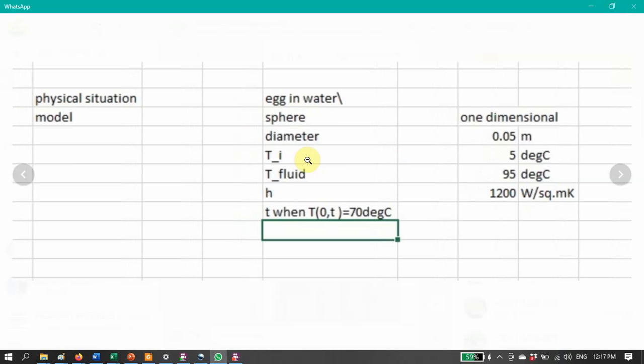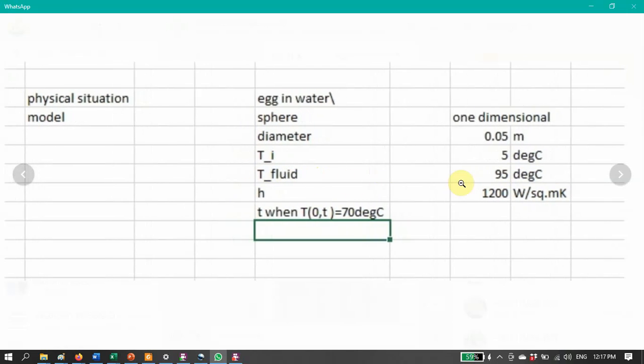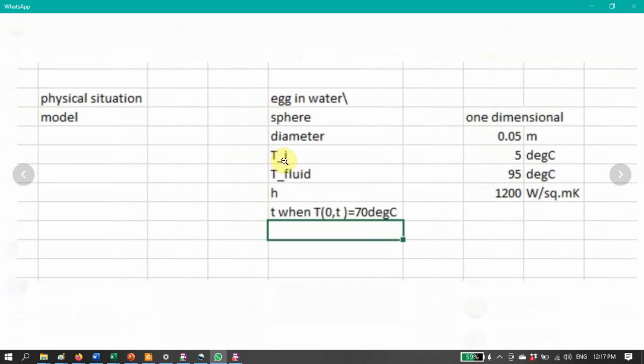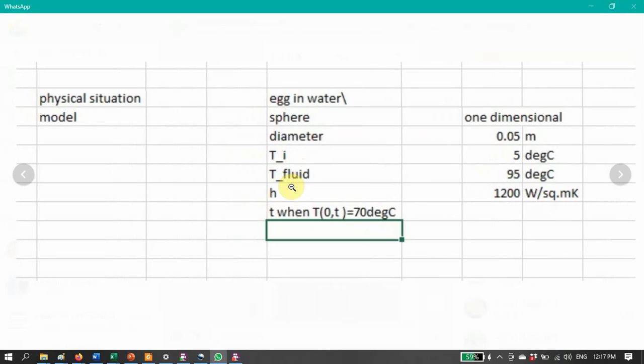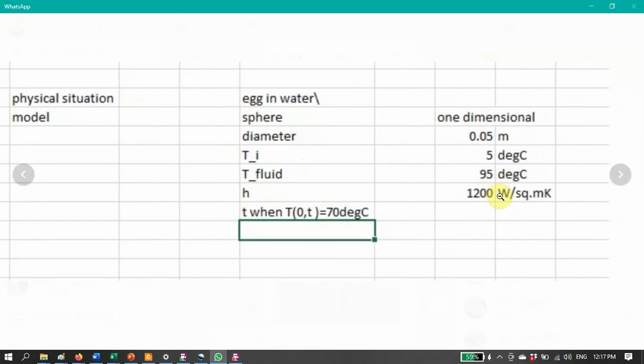And then we have the initial temperature, and the fluid temperature far away from the egg, right? It can be the initial fluid temperature or the final fluid temperature, it doesn't matter. We assume that the water is a high temperature reservoir, and the heat transfer coefficient is already given. So from this situation, we understand that the temperature varies inside the domain, and varies in x, so this is a transient problem.